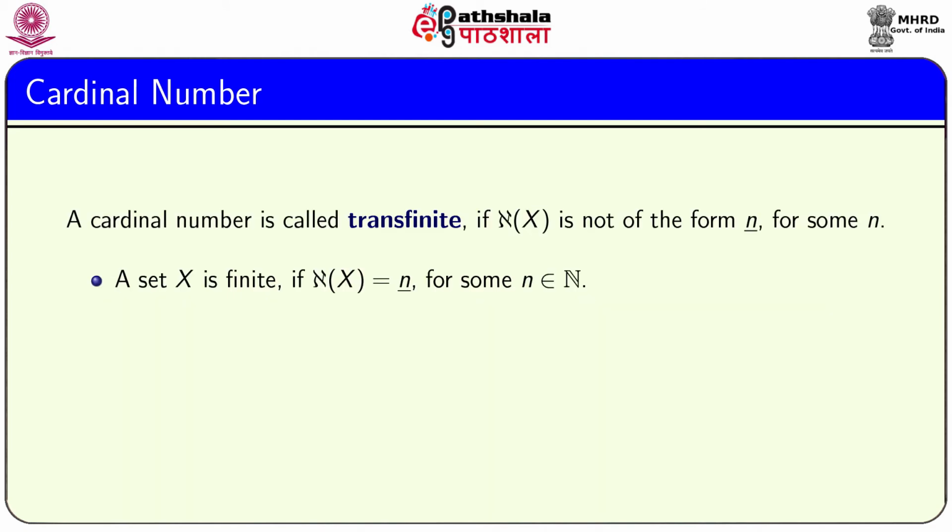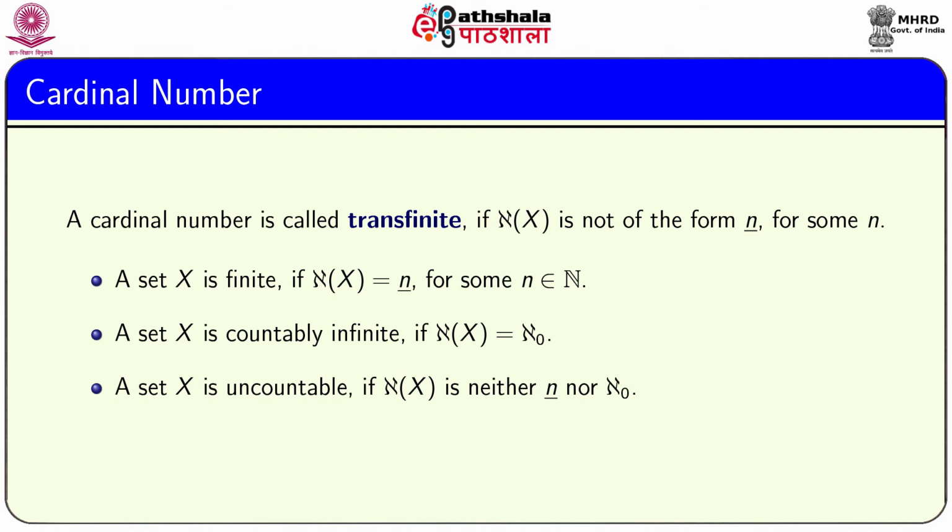A cardinal number is called transfinite if aleph X is not of the form n for some n. A set is finite if its cardinal number is n for some n belonging to natural numbers. A set is countably infinite if the cardinal number of X is aleph naught.